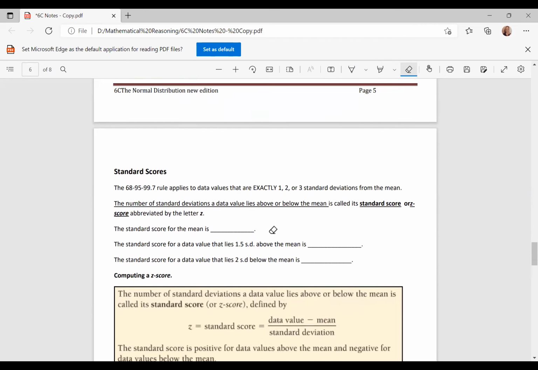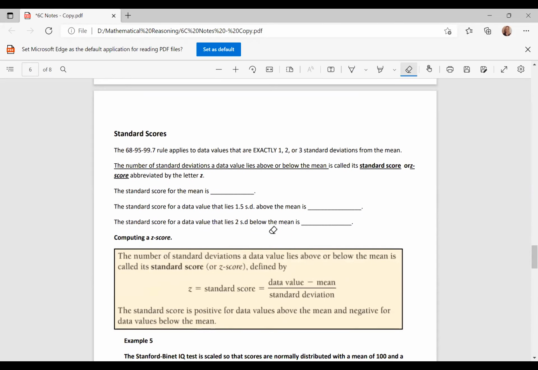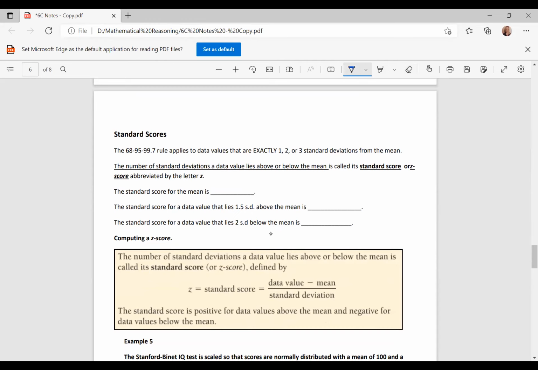The 68, 95, 99.7 rule applies to data values that are exactly 1, 2, or 3 standard deviations from the mean. The number of standard deviations a value lies above or below the mean is its standard score, or z-score, abbreviated by the letter z. The standard score for the mean is 0.